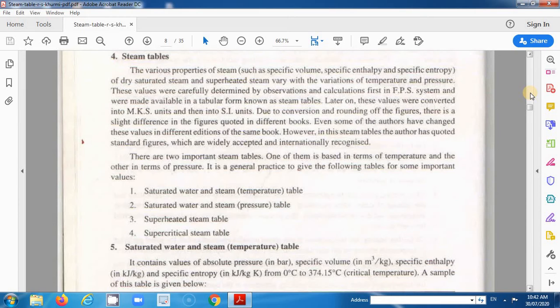Actually, four types of steam tables are mentioned here, but from our subject point of view, the supercritical steam table is not useful at this level. So the first three are important: the saturated water and steam temperature table, the saturated water and steam pressure table, and the superheated steam table. And the fourth one is the supercritical steam table.